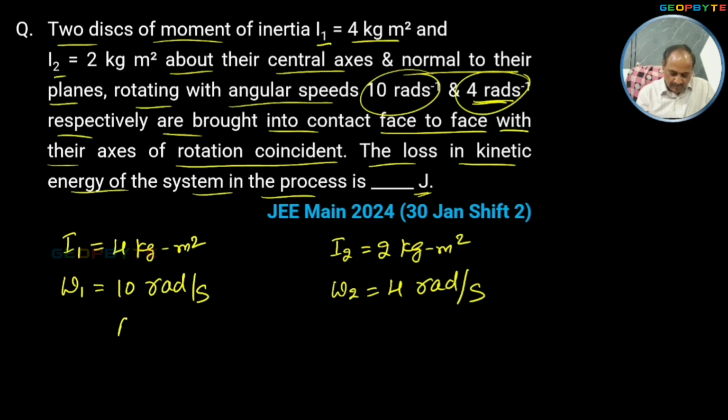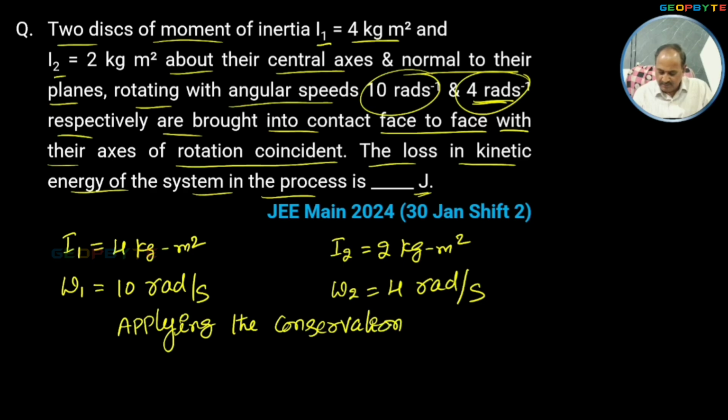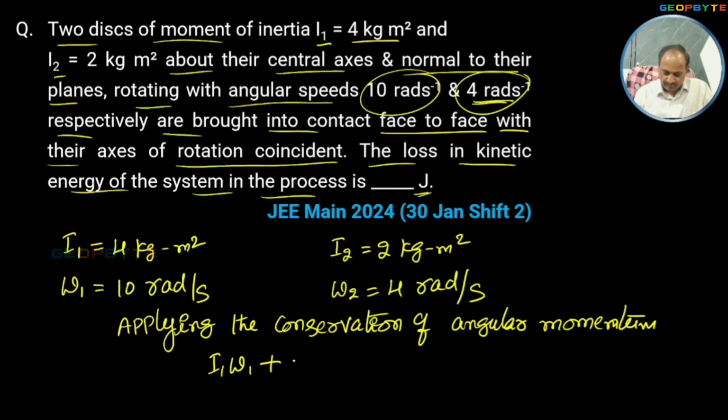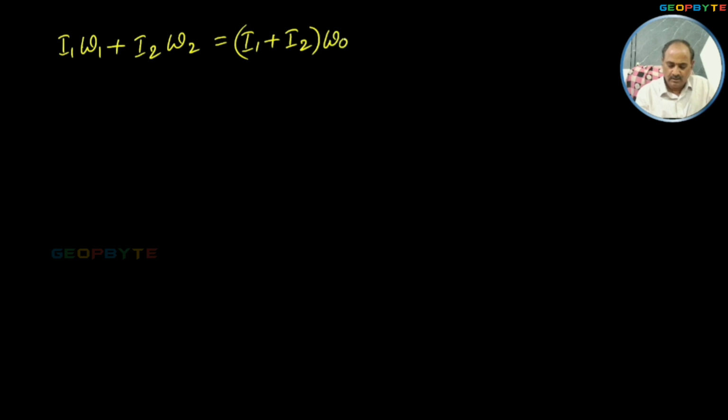Applying the conservation of angular momentum, I1 omega 1 plus I2 omega 2 must be equal to I1 plus I2 multiplied by the angular velocity of the combined system, let it be omega naught.